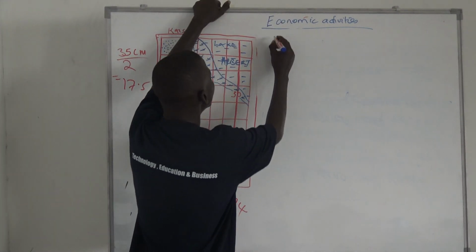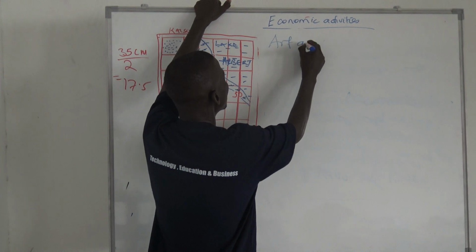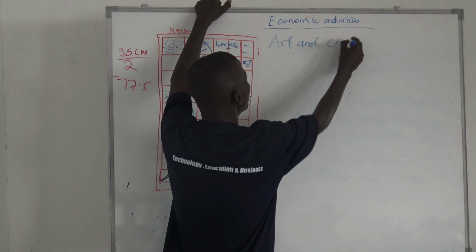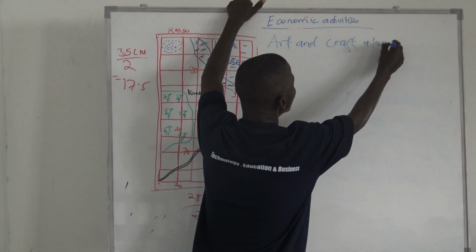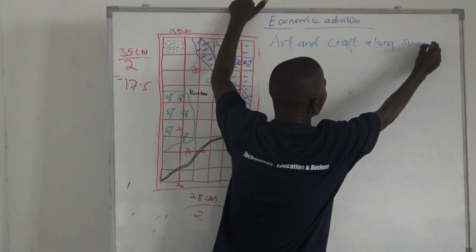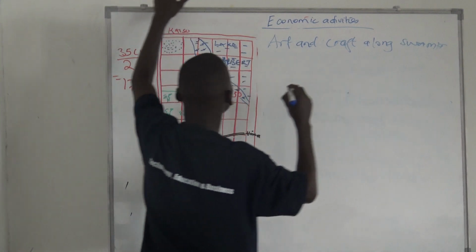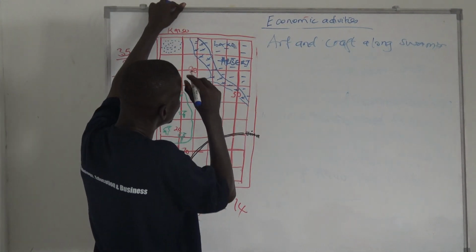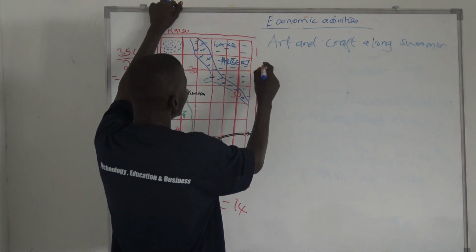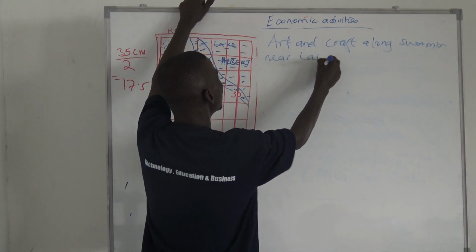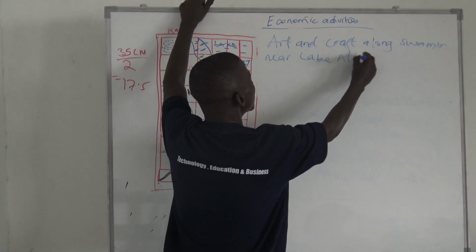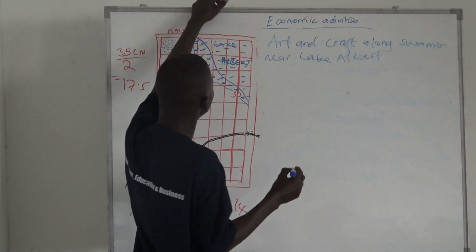So we have art and craft along what? Along the different swamps, both the seasonal and permanent swamps, near Lake Albert. Which direction?